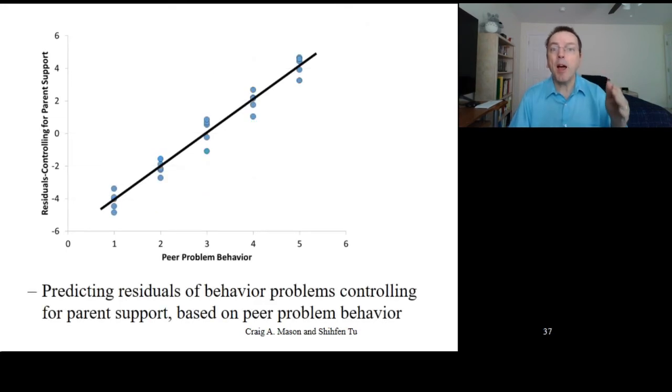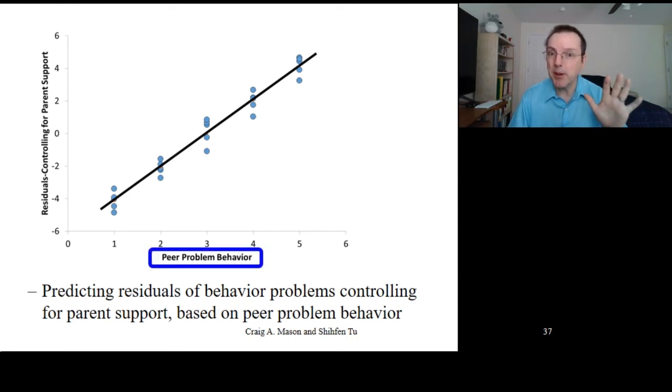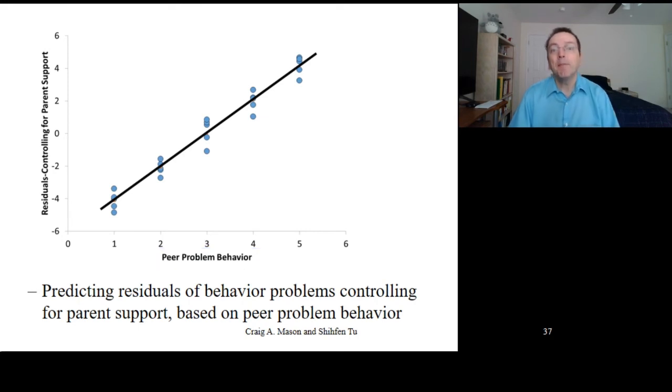Now, here's a plot of the residuals of behavior problems after controlling for parent support based on peer behavior scores. Notice the change in the x-axis. It's peer behavior. As we can see, there's a strong positive association. Now, this is no surprise, right? We've been talking about that already.